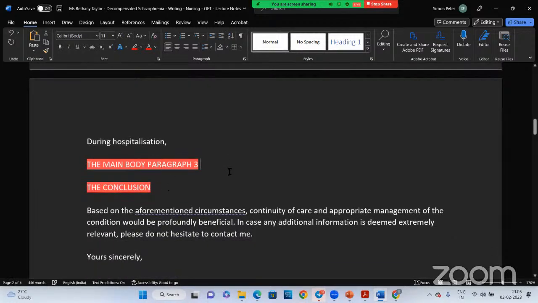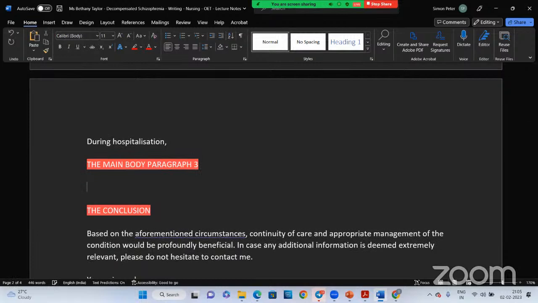Okay. Then here, post discharge. So following the discharge. Following the discharge means upon discharge.